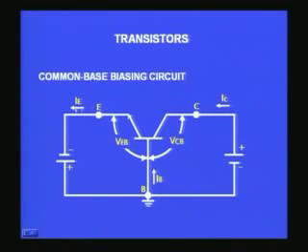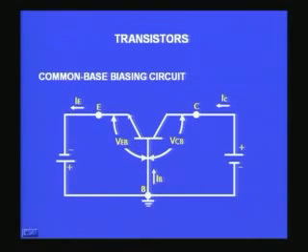Now there are a lot of important voltages and currents which come into the game. This is called common base circuit, because the base is common to the input side and the output side. In any amplifier you have two input and two output terminals, but in the transistor we have only three leads.